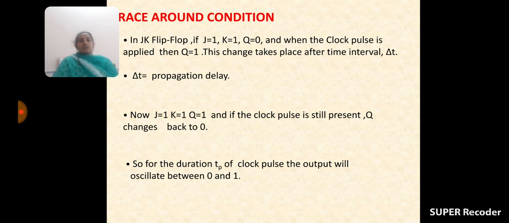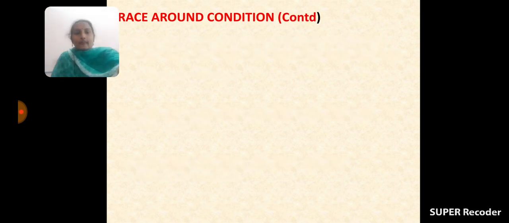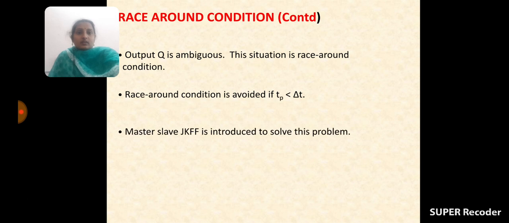So for the duration Tp of the clock pulse, the output will oscillate between 0 and 1. That condition is called what? Race around condition. Here the output Q is ambiguous.